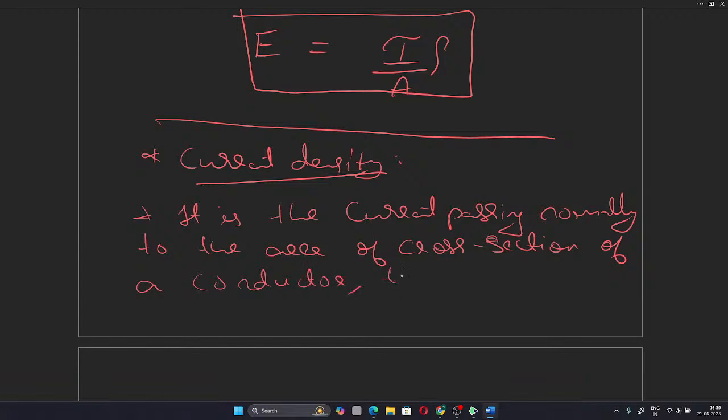This is known as current density, denoted by J. It is a scalar quantity, and the formula is J equals I by A.